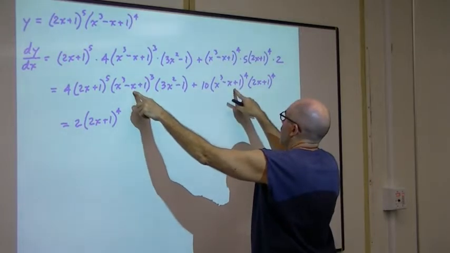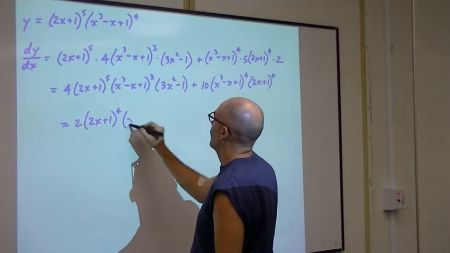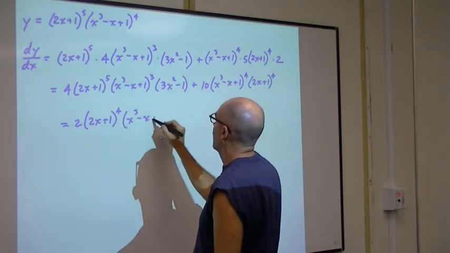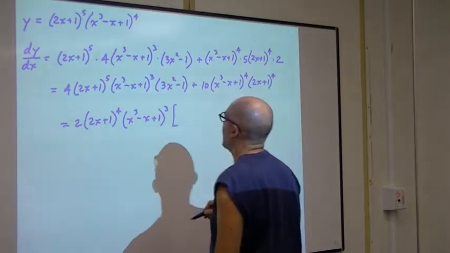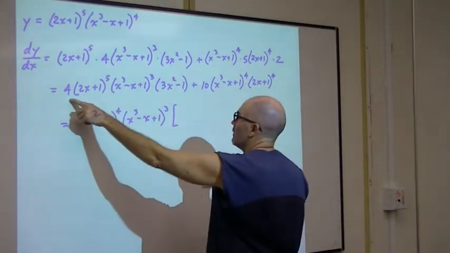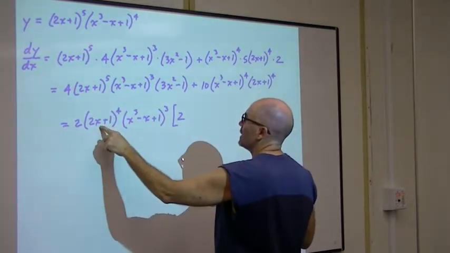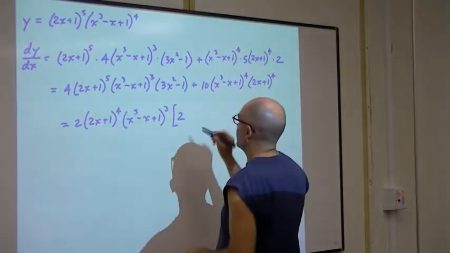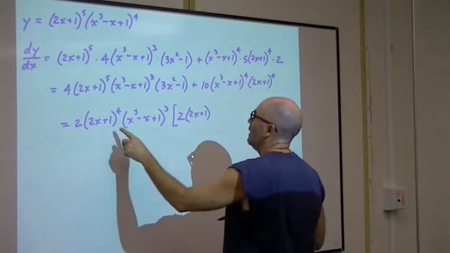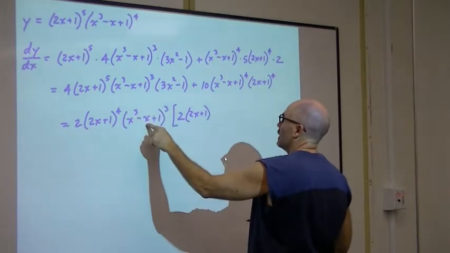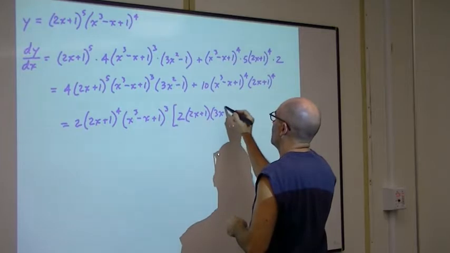Between the cube and the fourth power, the biggest common one is the cube. Now I multiply by what's left. So I have a 2 left here. 2 times 2 is 4. And I need one more of those 2x plus 1s. So I go 2x plus 1. And then notice I have the cube here. Now I have to multiply by 3x squared minus 1.